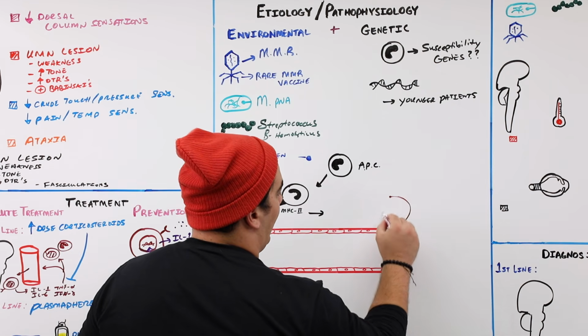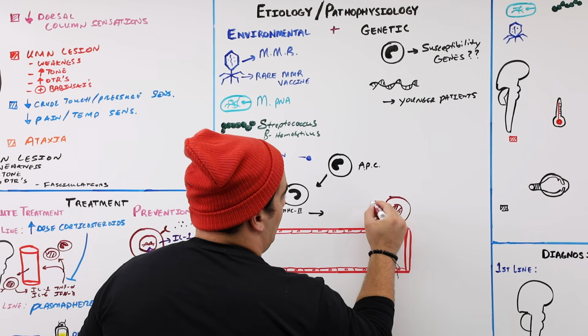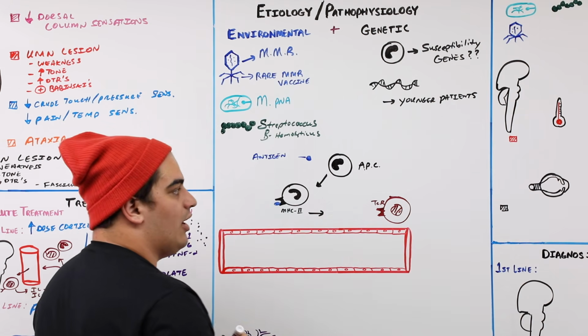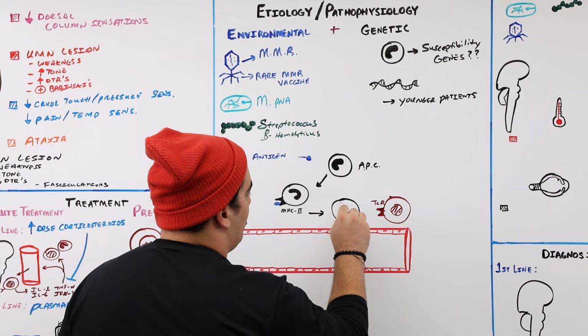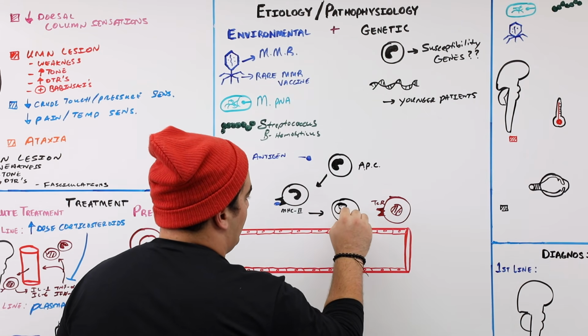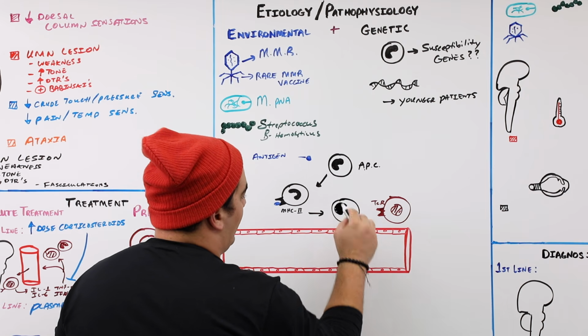So here we're going to draw a helper T cell. This helper T cell has a very specific protein called a TCR, a T cell receptor. It'll interact with the antigen presenting cell, the macrophage in this case, and with that antigen that it expresses.